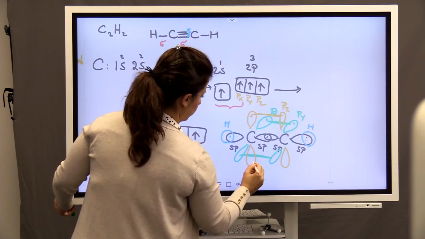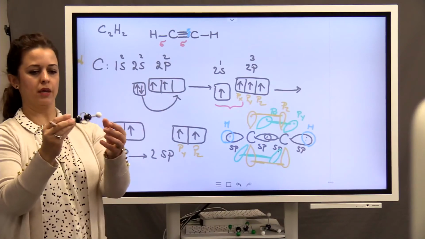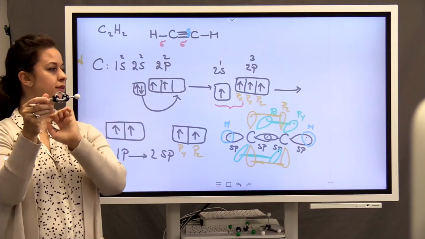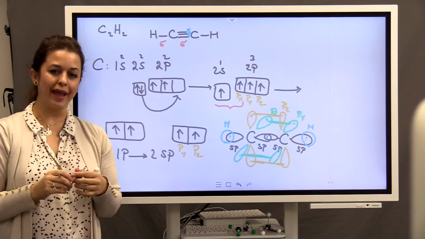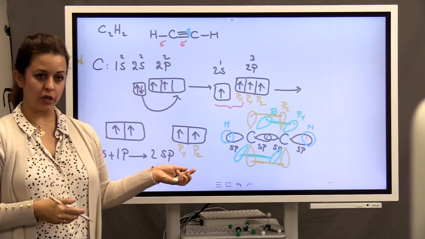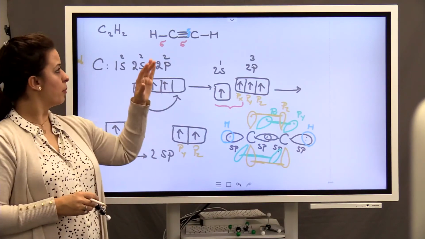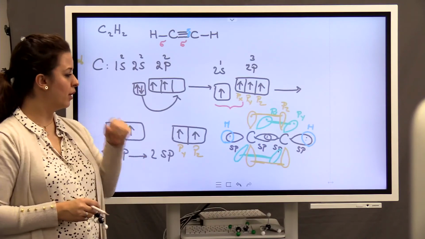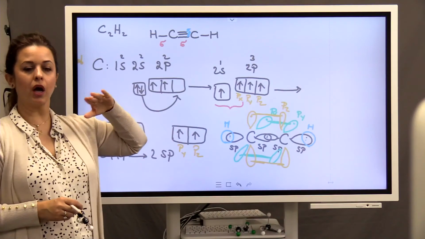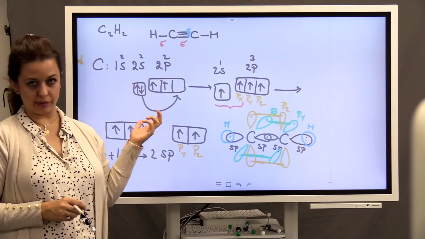So your molecule will look like something like this. Sigma, py, and pz. So py and pz are not in the same plane as the sigma bonds, right? That's why we say they don't have any role in the hybridization.